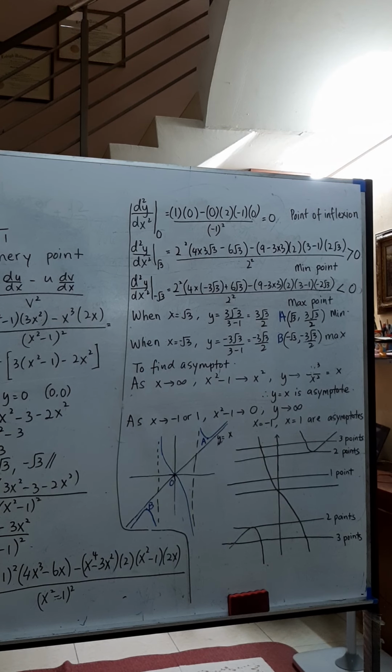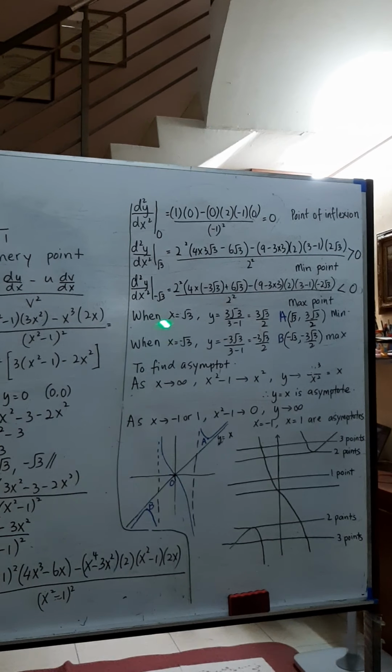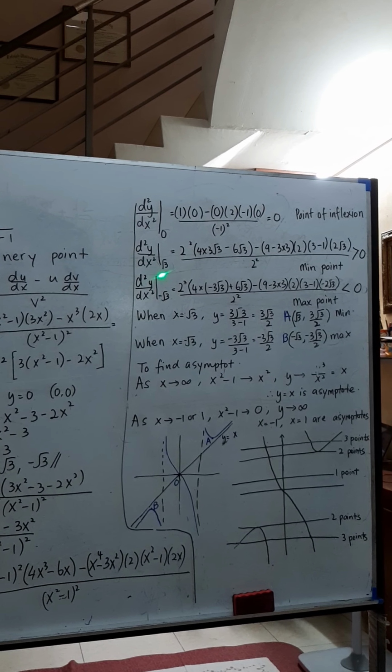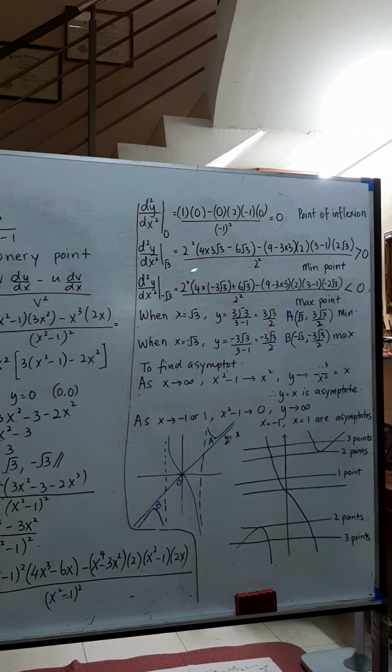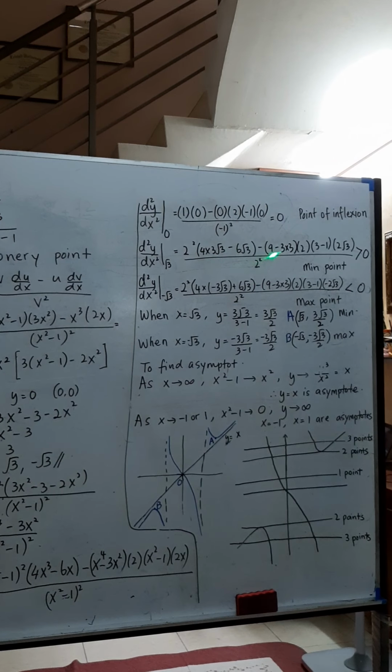So when the value is 0, you can make a conclusion. What's your conclusion? (0, 0) is your point of inflection. Next, take out that nasty expression and substitute x equals square root of 3 there. Substitute correctly.